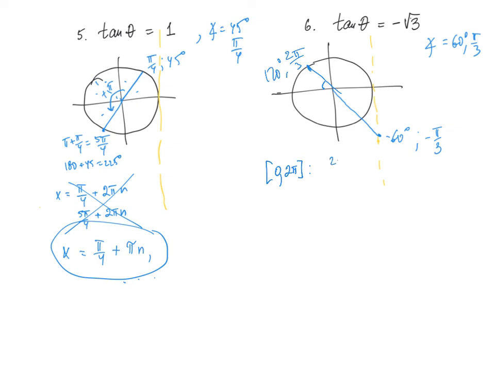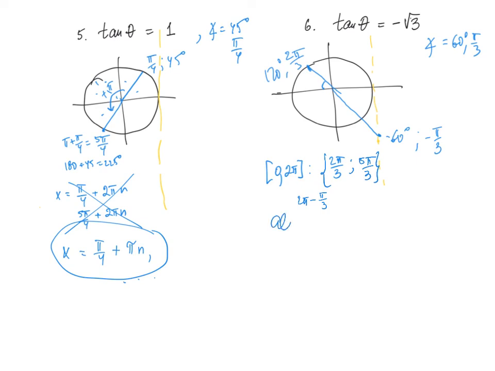Not yet. 2 pi over 3 is actually the smallest one, because we are going from 0 to 2 pi, so first we encounter this one, which is 2 pi over 3. And how many pi over 3s is this one? It's 2 pi, take away 1 pi over 3, so it's 5 pi over 3. These are your solutions in the first cycle.